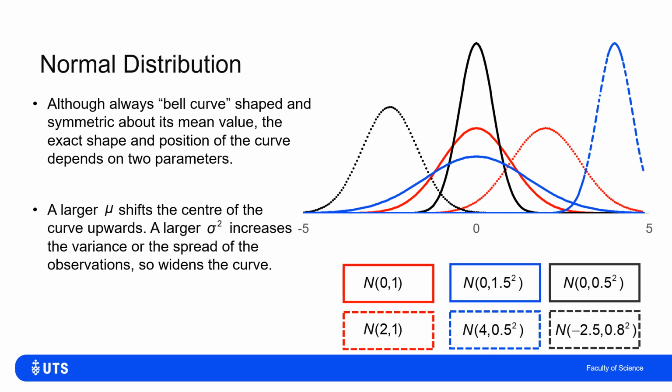I'll focus particularly on the solid red curve here, because that's what we often call a standard normal variable. And that's a term we'll hear again and again. And that just means a normal distribution scaled so that the mean is 0 and the variance is 1.